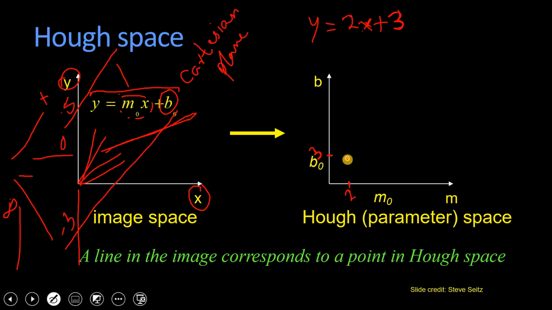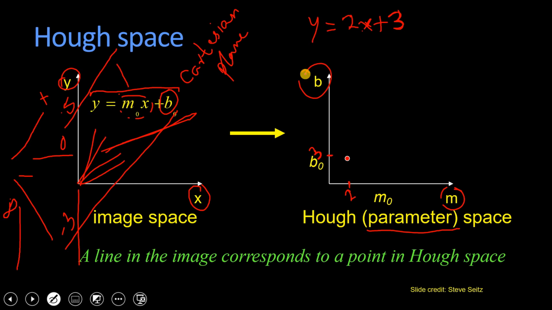We call it the parameter space, because this representation is based on two parameters, m and b. Previously we also discussed a parametric model, because it uses two parameter values to find a particular instance inside the image.